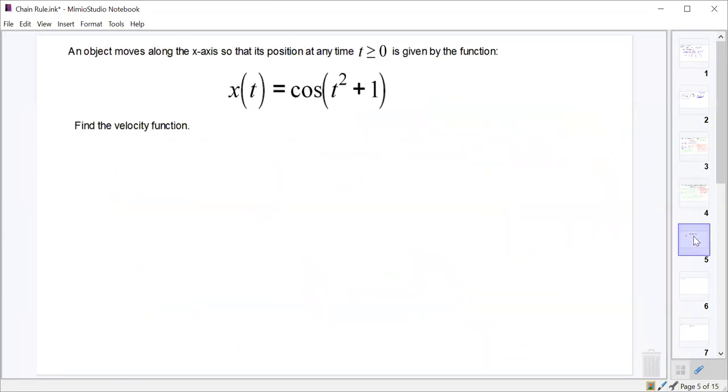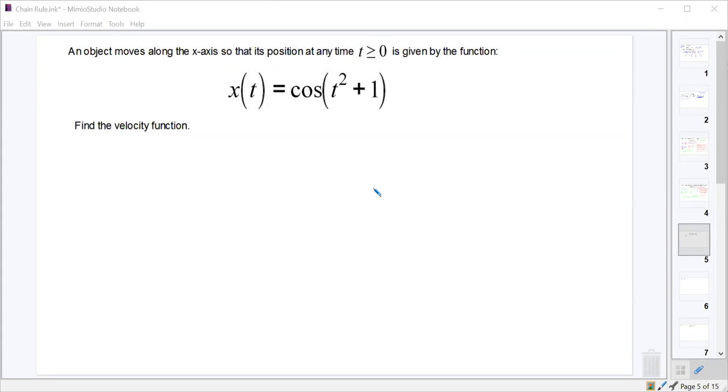All right. Here I'm going to give us a position function. X of t is equal to cosine of t squared plus 1. And we want to find the velocity function. We'll remember we talked about the other day, if we have a position function, how do we find the velocity function?